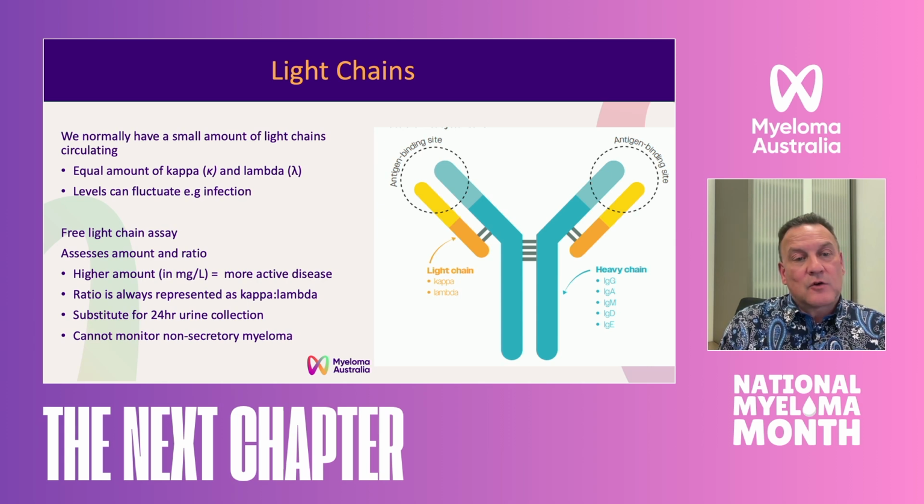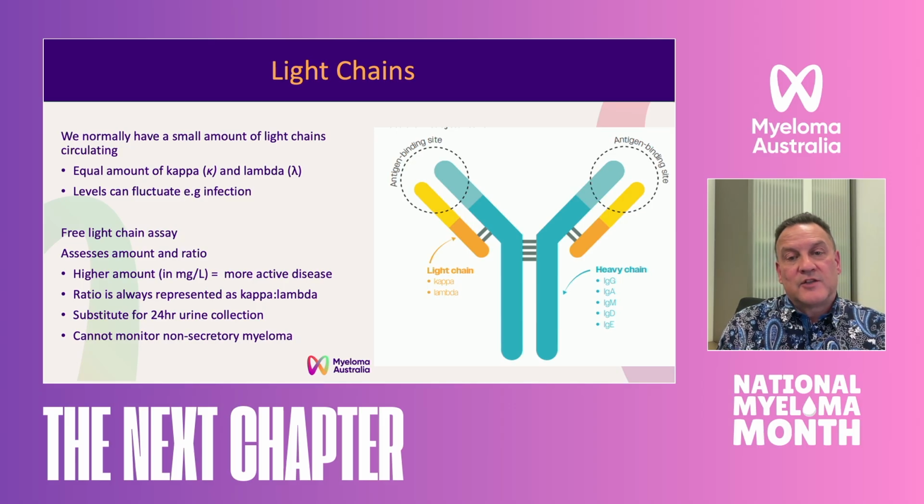The light chains are quite small and can be filtered through the kidney, and they appear in the urine. This is called Bence-Jones protein. And this was a traditional way in which we used to detect myeloma, as one of the very first ways in which myeloma was discovered over 100 years ago.